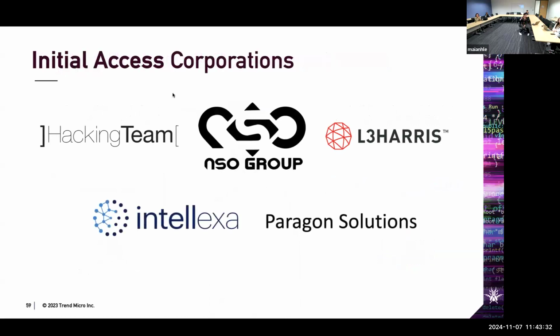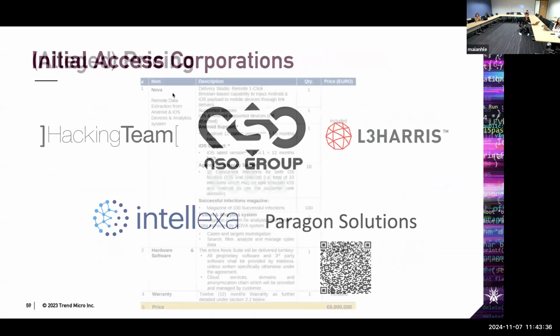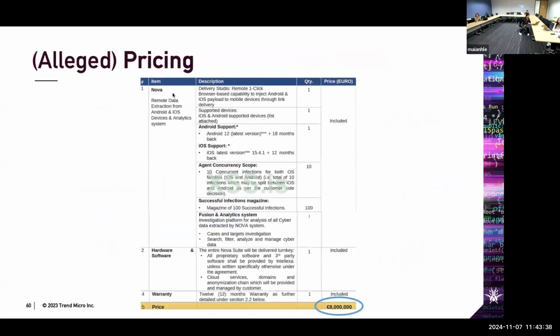So here are some leaked pricing. This is alleged leaked pricing. If you've got 8 million euros, you can hack 10 iOS devices concurrently. So there is a price to these exploits, and it's very interesting.